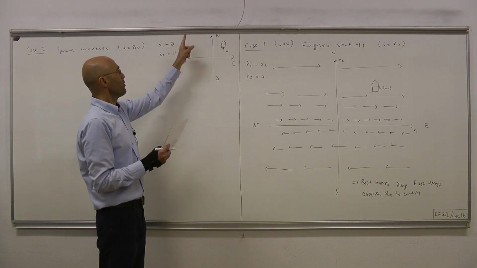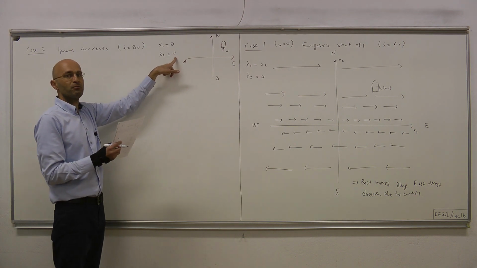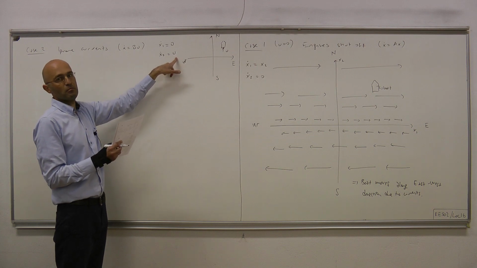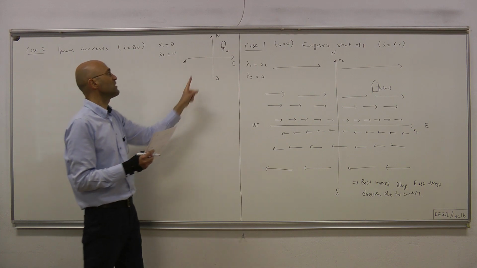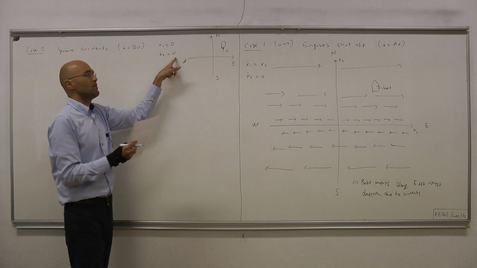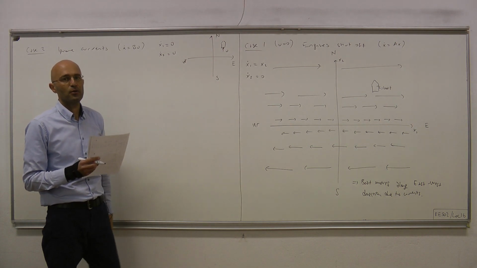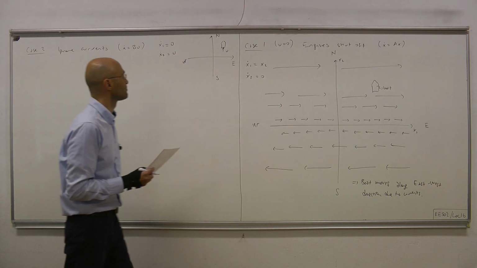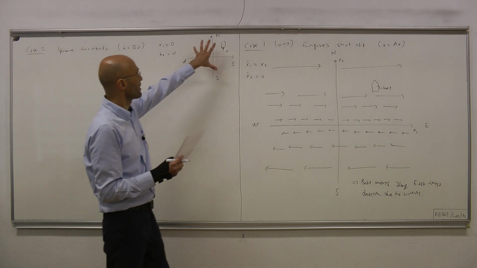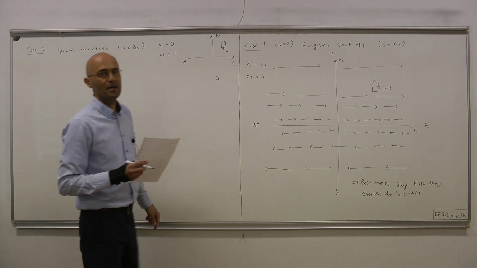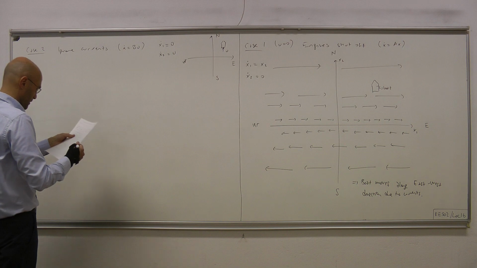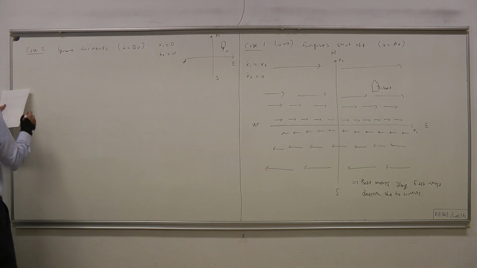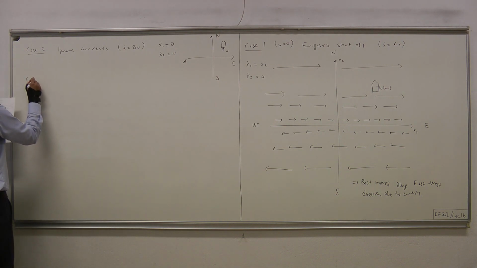Whether you're moving up or down is determined by whether you apply a positive or negative input. And how fast you move up and down depends on the magnitude of the input that you apply. Okay? And now let's combine these two pieces together. So that's our general case.